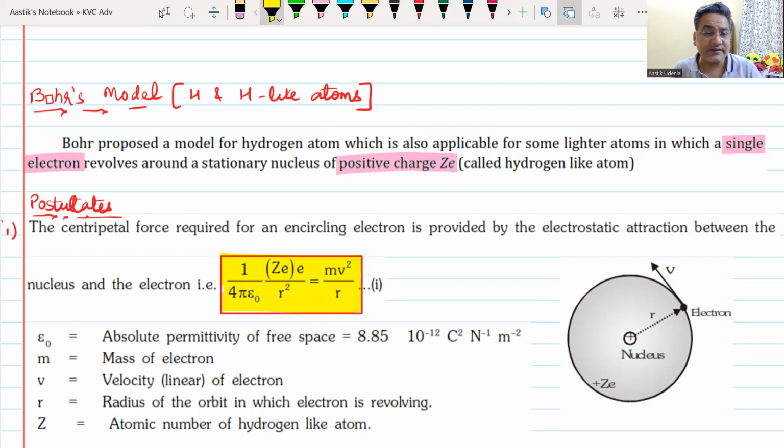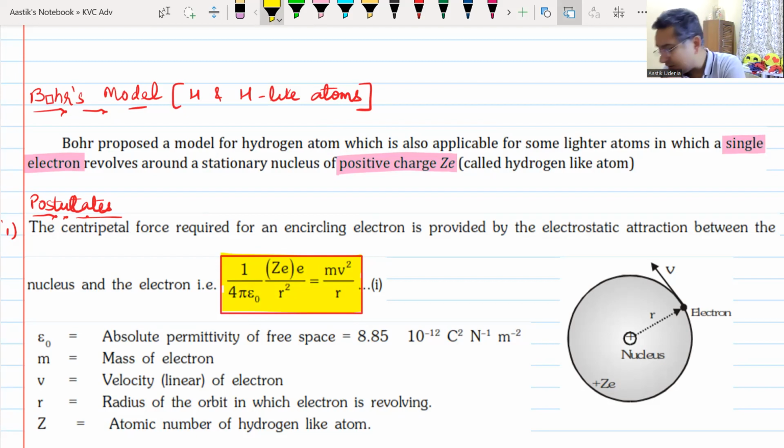The electrostatic force of attraction between the positively charged nucleus and the negatively charged electron provides the centripetal force: 1 by 4 pi epsilon naught, Ze squared by r squared, becomes mv squared by r.